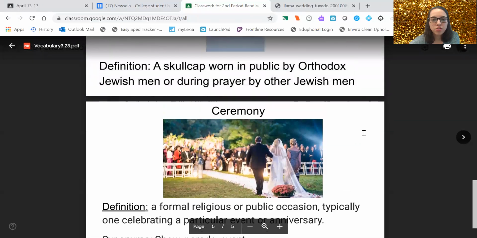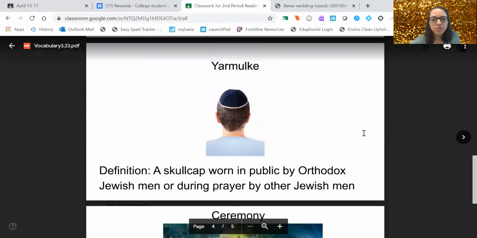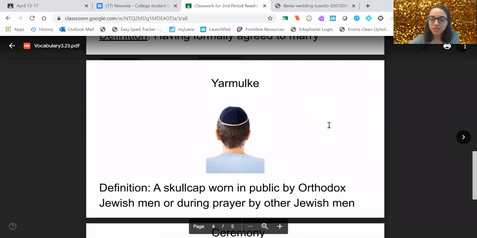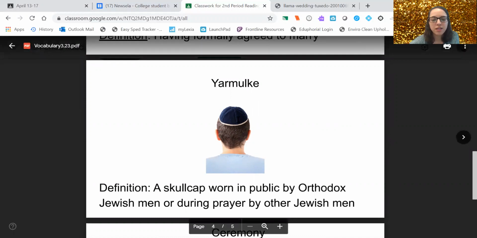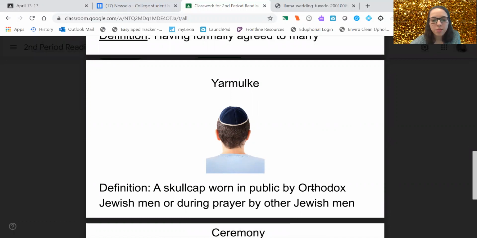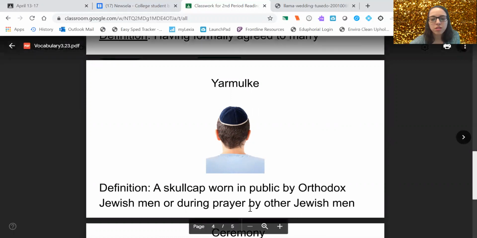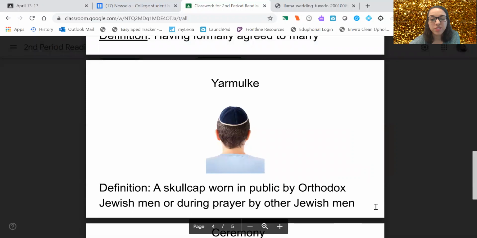The main one I want to go over right now is Yarmulke, and I don't know if I'm pronouncing it correctly. You guys have probably seen this before. If you know about the Jewish faith, it is a skull cap worn by Jewish men, in public by Orthodox Jewish men or during prayer by other Jewish men.